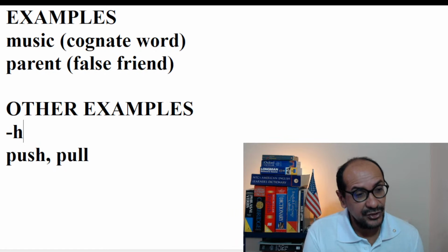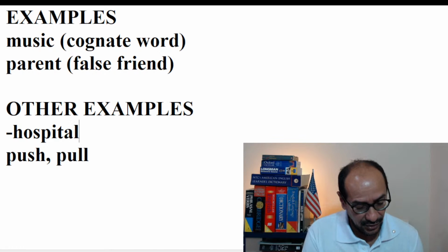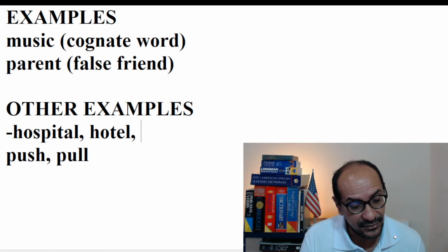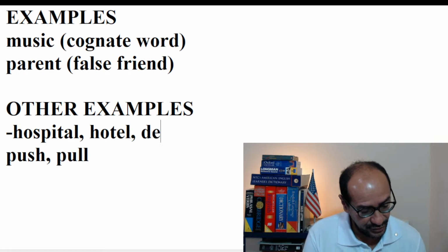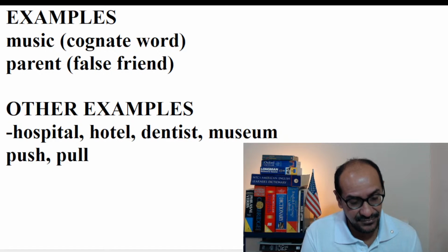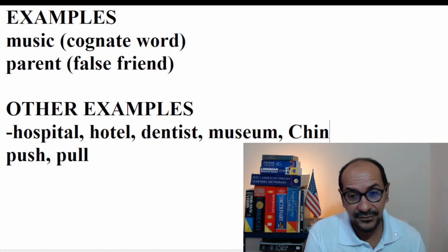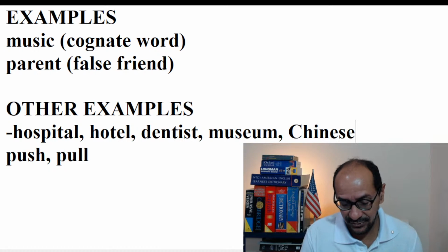Well, I'm going to use here just a half dozen words, like hospital. Another one that I remember is hotel. Another word is dentist. Another one is museum. So we have four. Chinese, I think it's a nice word. I think you guys can see.